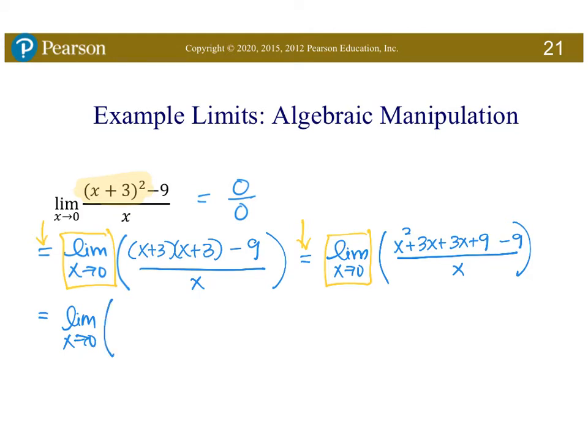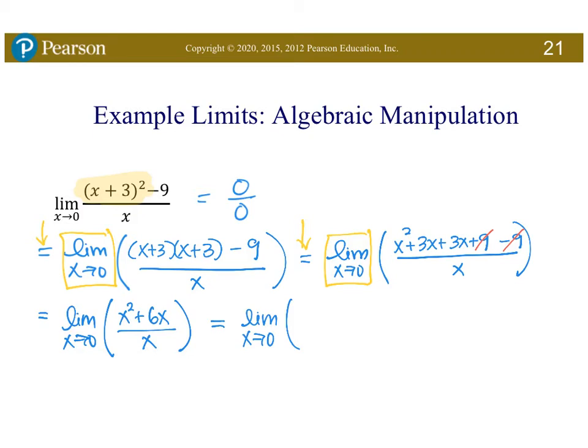Now my algebra says that the 9 and the negative 9 cancel out. So I'm left with x squared plus 6x over x. I'm still doing algebra, so I still have an equal sign, and I still have the limit, and I still have parentheses. So I have FOILed out, I've combined like terms.